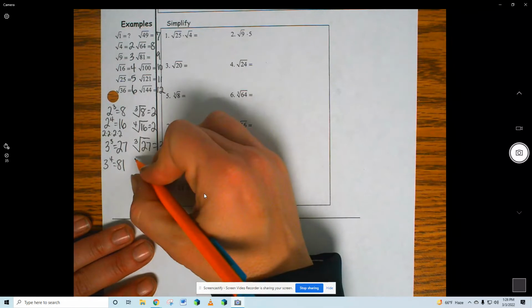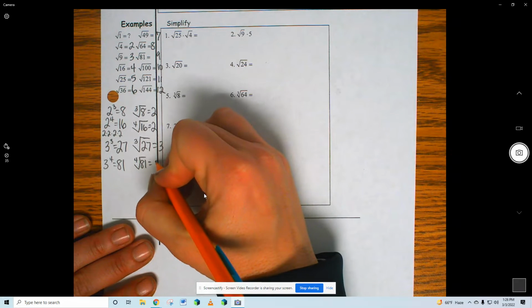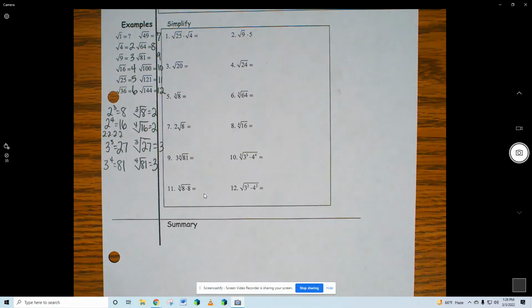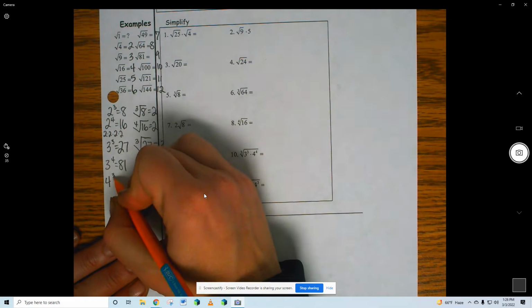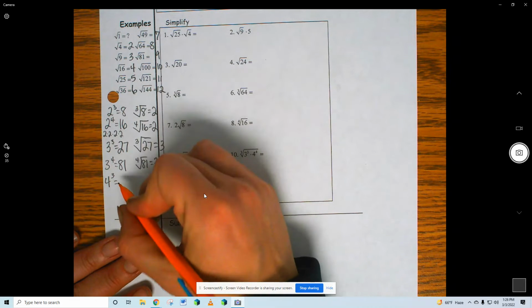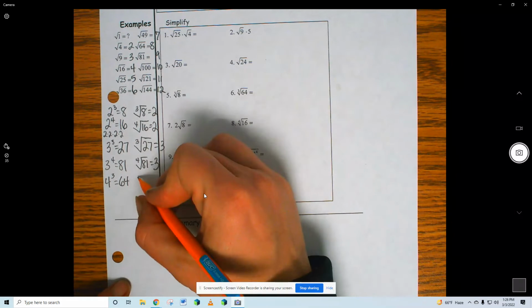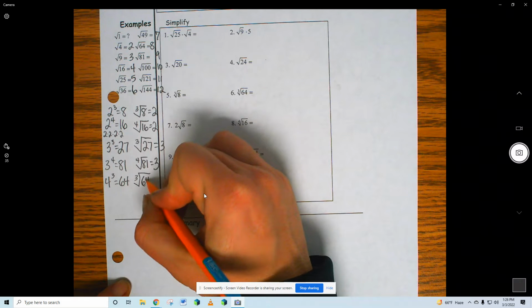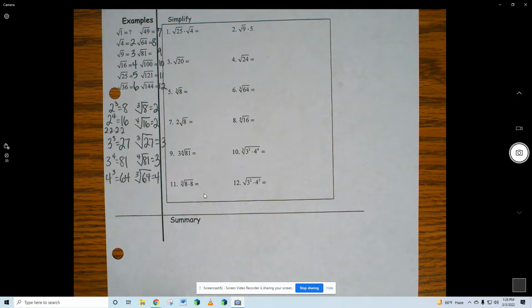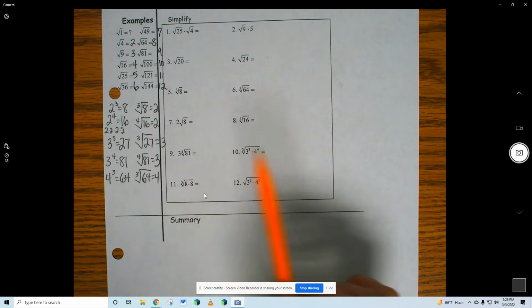And then the fourth root of 81 is 3. Four to the third, 4 times 4 times 4 is 64. The cubed root of 64 is 4. We're going to use some of these today.